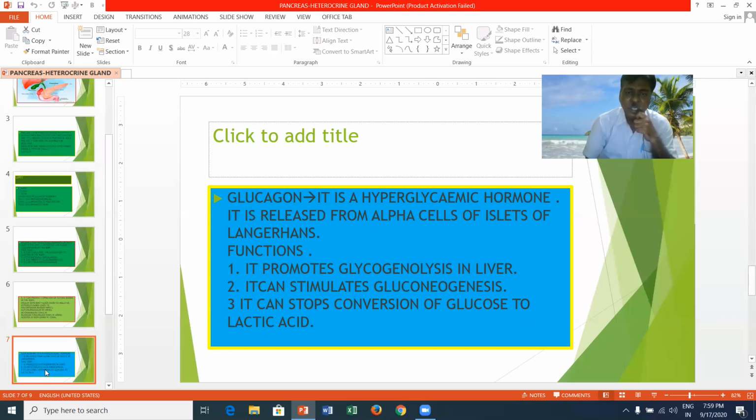Such a thing occurs in the liver. Glycogenolysis is promoted by glucagon. It can stimulate gluconeogenesis. That means synthesis of glucose from non-carbohydrate sources like proteins and fats. It also stops the conversion of glucose to lactic acid.